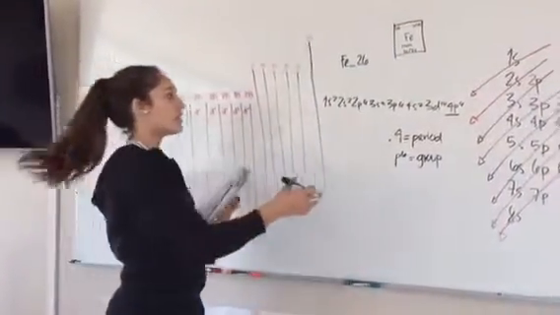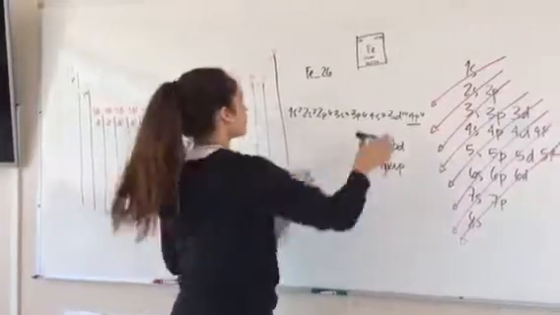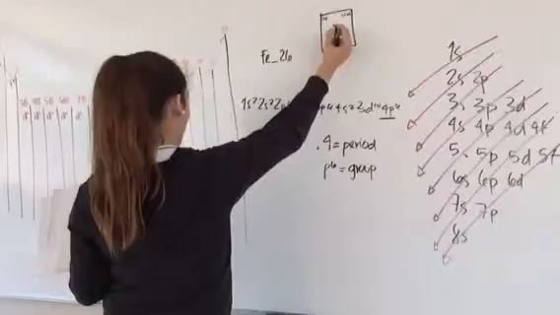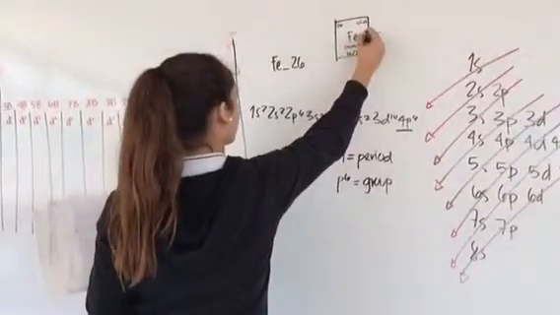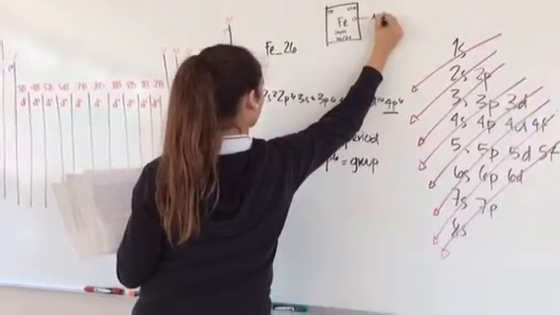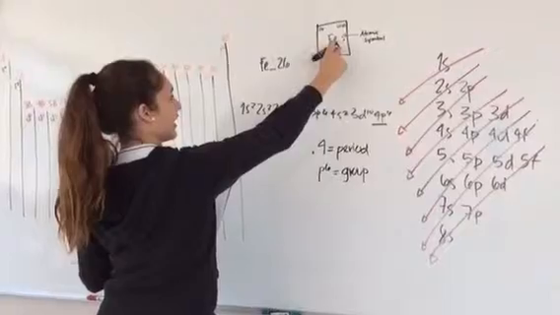To be able to do this, you have to know what is everything in an element. So right here we have iron. This is the atomic symbol. Fe is the atomic symbol. And then iron is the element name.